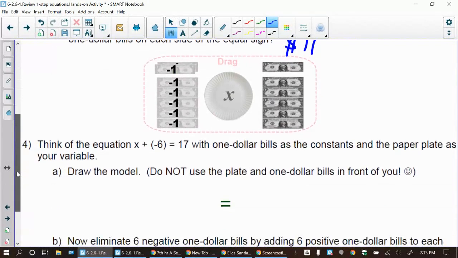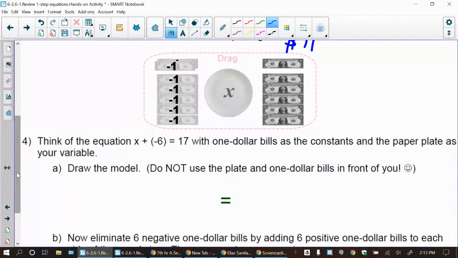Okay. Think of the same equation, except instead of a positive 6, we have a negative 6. So x plus negative 6 equals 17, with a $1 bill as the constant and a paper plate as a variable. Draw the model.